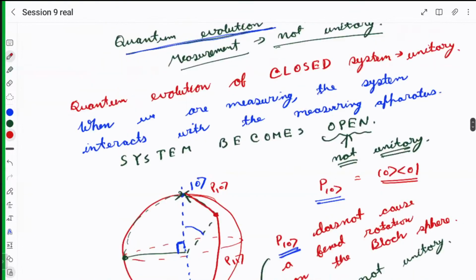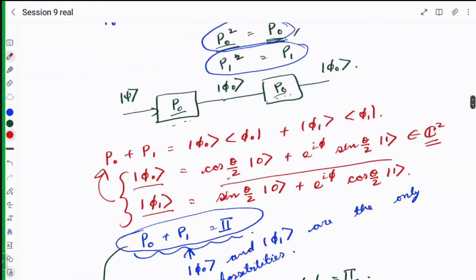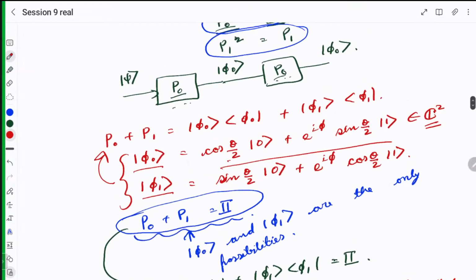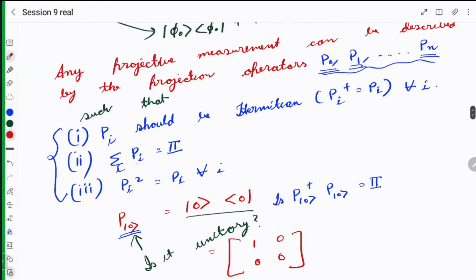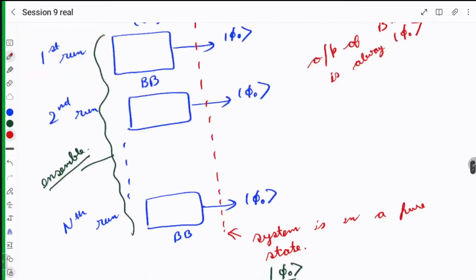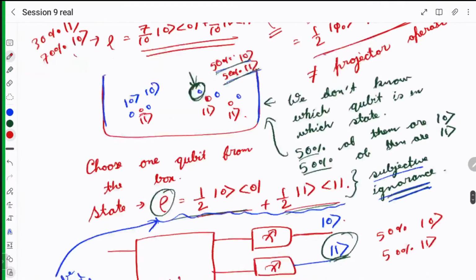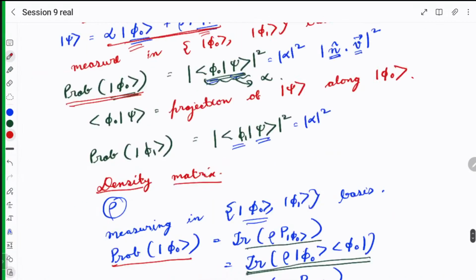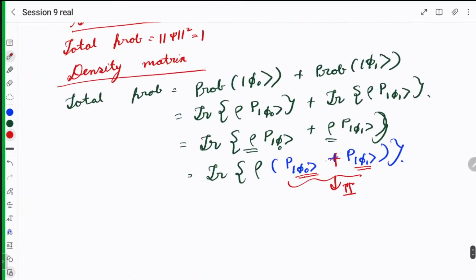Also in the general definition, the summation of P i was identity. So we can substitute P phi naught plus P phi 1 by identity, and so trace of rho times I, and rho times I is of course rho. So trace of rho gives you the total probability.